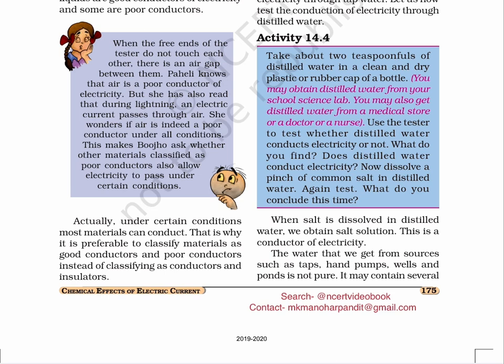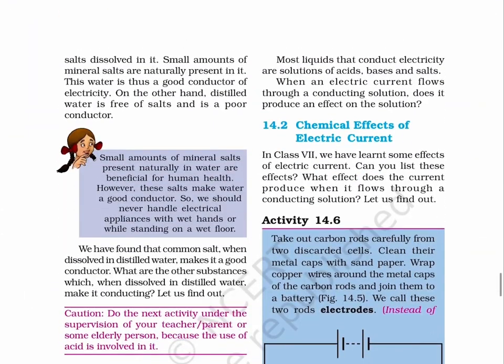When salt is dissolved in distilled water, we obtain salt solution. This is a conductor of electricity. The water that we get from sources such as taps, hand pumps, wells, and ponds is not pure. It may contain several salts dissolved in it. Page 176.